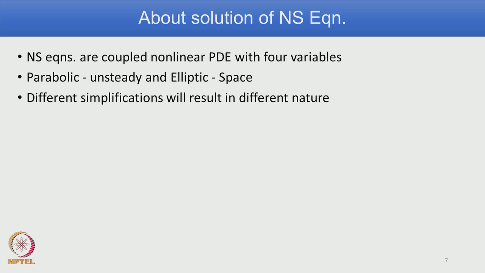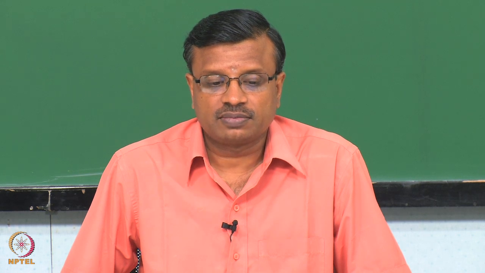On the other hand, you can simplify the Navier-Stokes equation for different situations, which will result in different nature. For example, if you consider a steady viscous flow problem, then you do not have an unsteady term, you only have the diffusion term, and the equation falls in the category of elliptic nature.